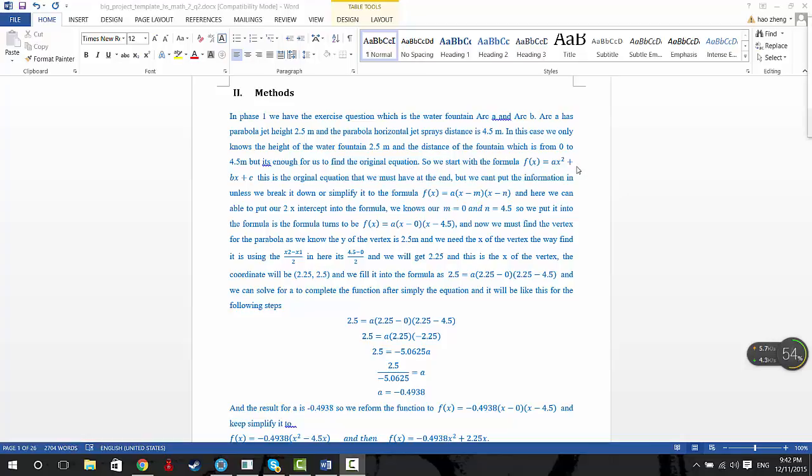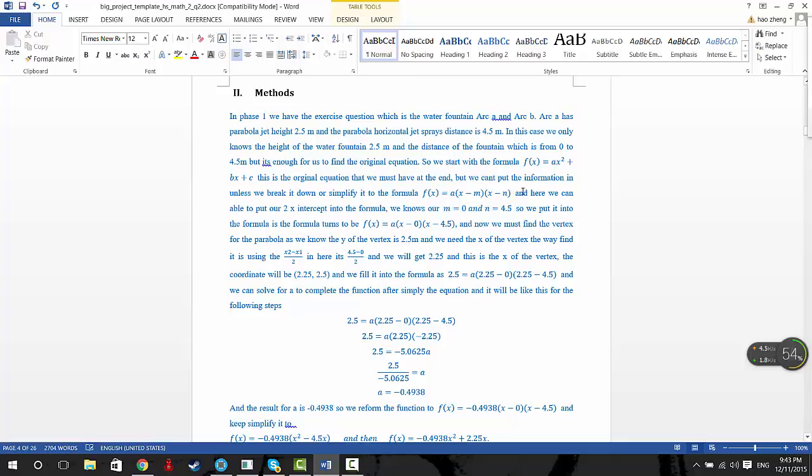So let's start the formula with y equals ax squared plus bx plus c. As you can see, this is the original equation that we must have at the end, but we can't just put our information in unless we break it down or simplify the formula to be like this: y equals a(x minus m)(x minus n).